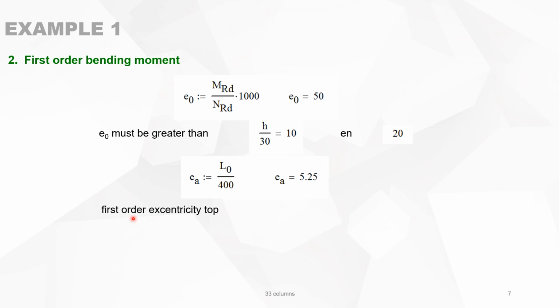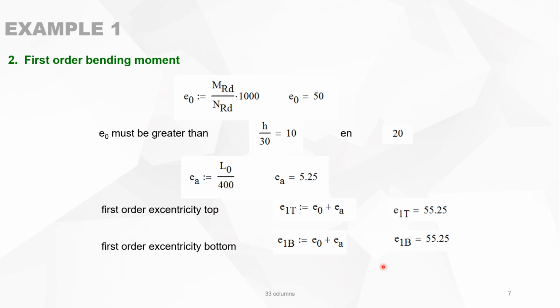The first order eccentricity at the top of the column is e0, which is 50, plus ea, 5.25, so it's 55.25. And on the bottom, it is also 55.25 millimeters.